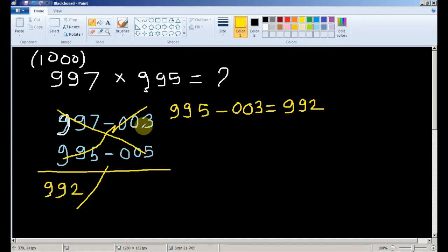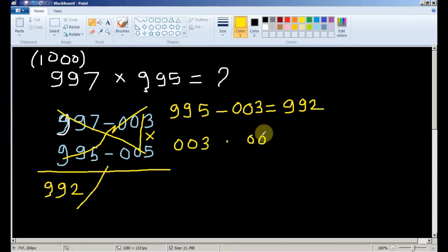Similarly, to get the second number, you have to do a vertical multiplication. So it's going to be 003 multiplied by 005, where the dot is multiplication.